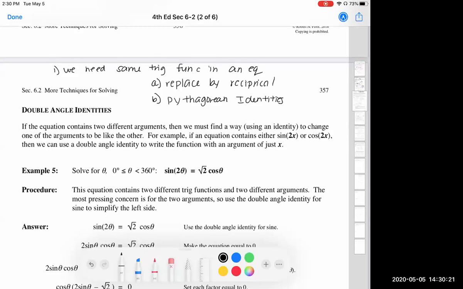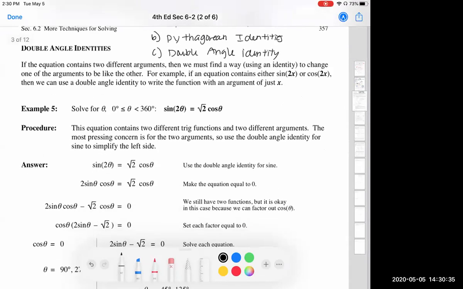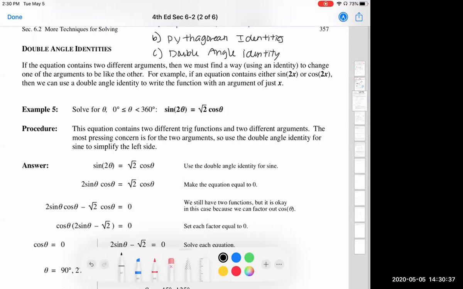So we're going to add one more to our list, and that's this part of our section, our double angle identities. Let's continue with our text. If the equation contains two different arguments, then we must find a way using an identity to change one of the arguments to be like the other.